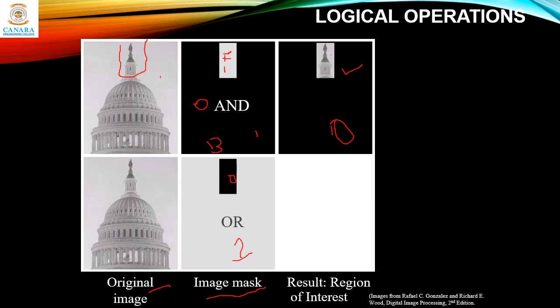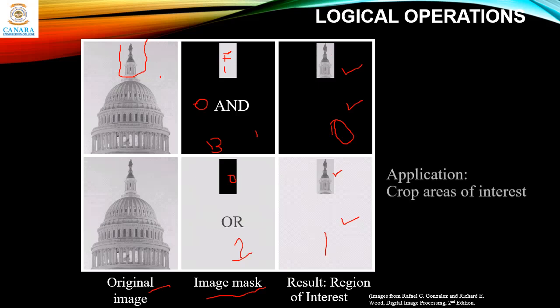So the output will be like this. Here the background is 1 and the foreground is the original image. So you can clearly see in the AND operation, the remaining area stayed black, and in the OR operation the remaining area became white. This is the difference between AND and OR operators.